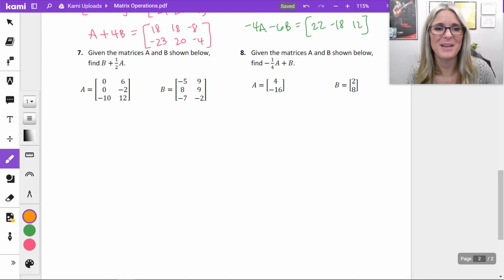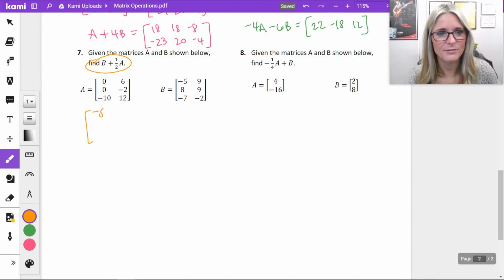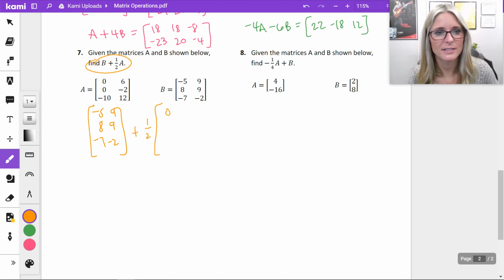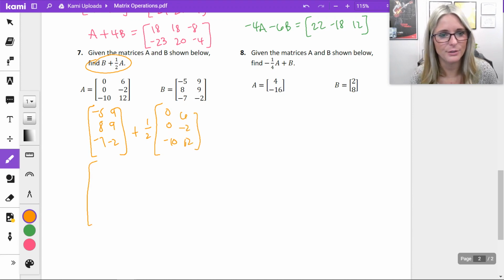Number 7, given the matrices A and B shown below, we're going to do B plus 1/2 A. So B is going first. We have negative 5, 9, 8, 9, negative 7, and negative 2. B plus 1/2, 0, 0, negative 10. All right, so let's multiply that through. Still leaving B the way it was.